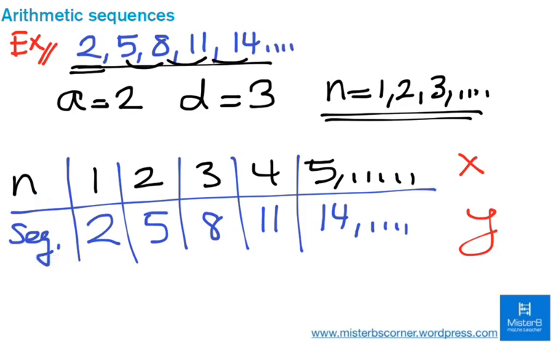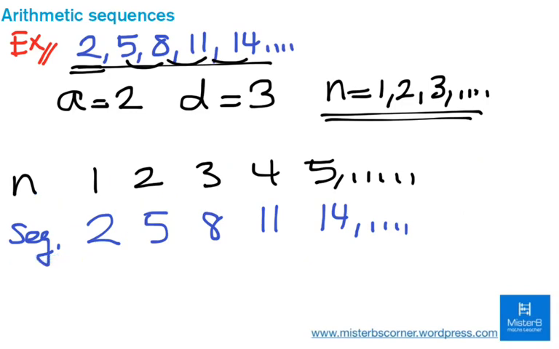So if we just get rid of these lines, let's see the relation. When I have a formula, I'm going to substitute 1 and I'm going to get 2. I'm going to substitute 2 and I'm going to get 5, and so on. So how is this going to work?